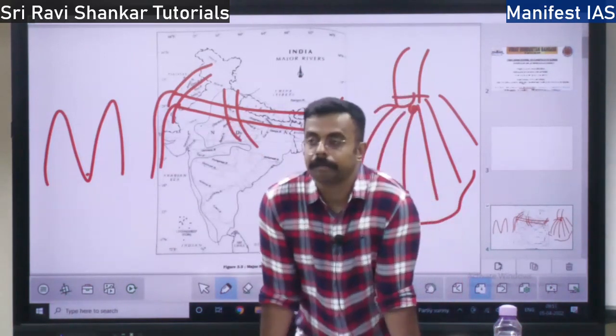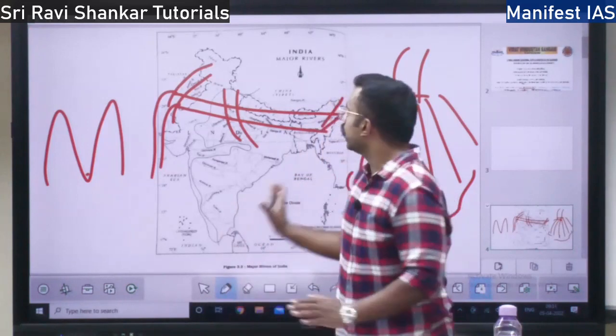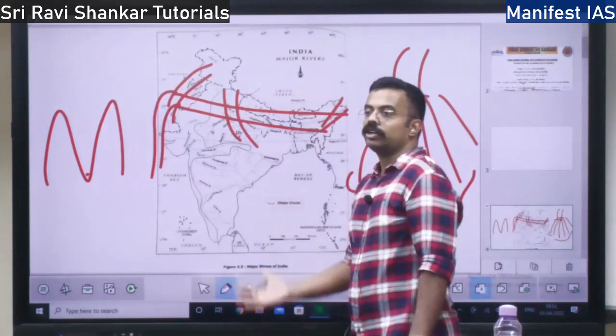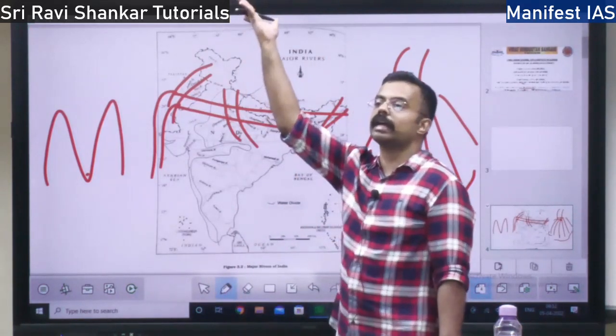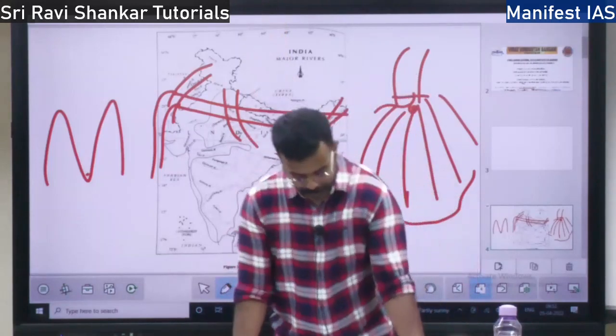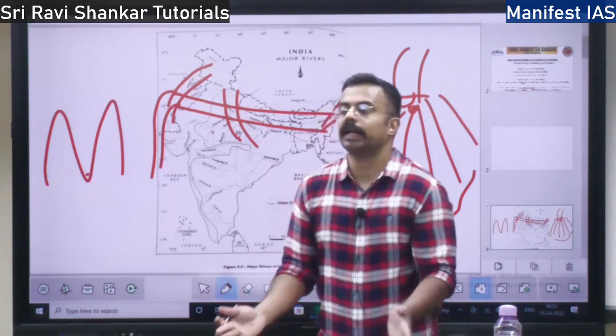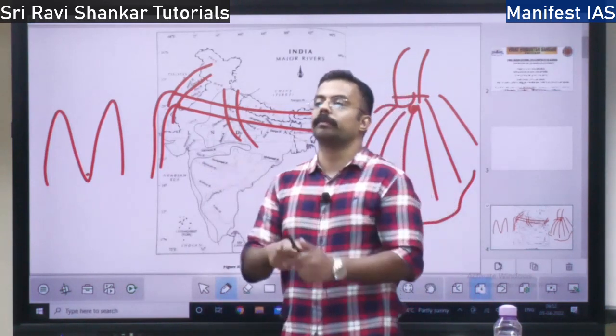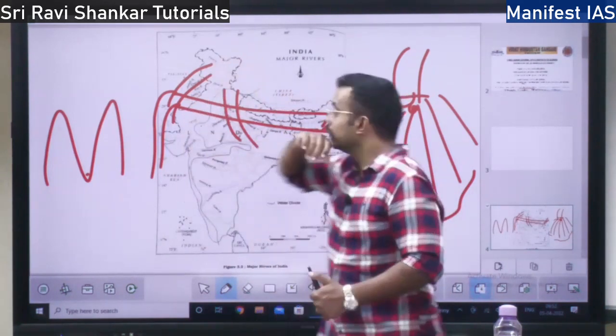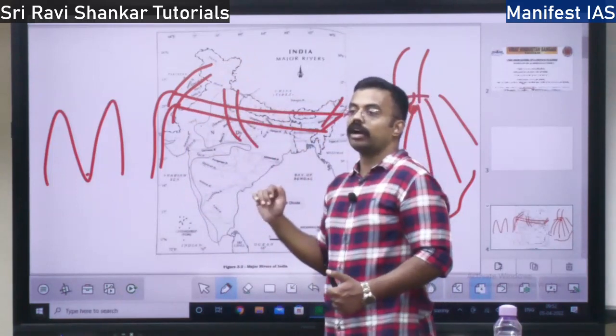Because the Himalayas are crashing into the Eurasian plate, right? So the Himalayas are moving up, they are uplifting. When the Himalayan region is moving more and more up, the height of the Himalayas is increasing. That is why this river got divided.